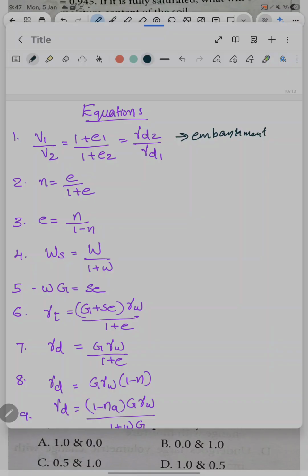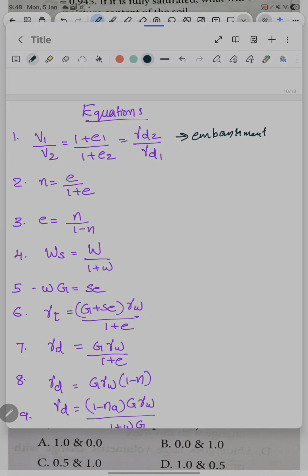Second equation: n is equal to e by (1 plus e), the relationship between void ratio and porosity. Or e is equal to n by (1 minus n).